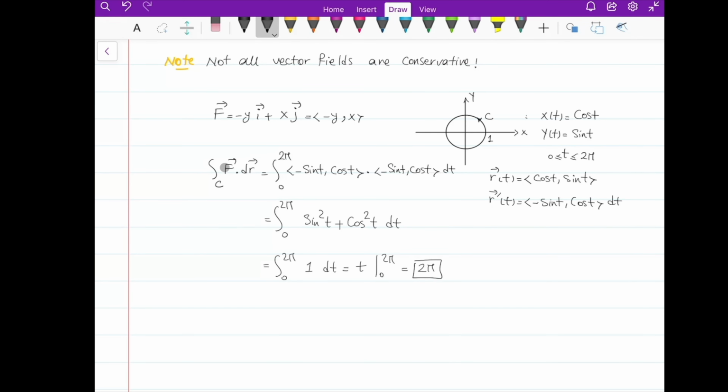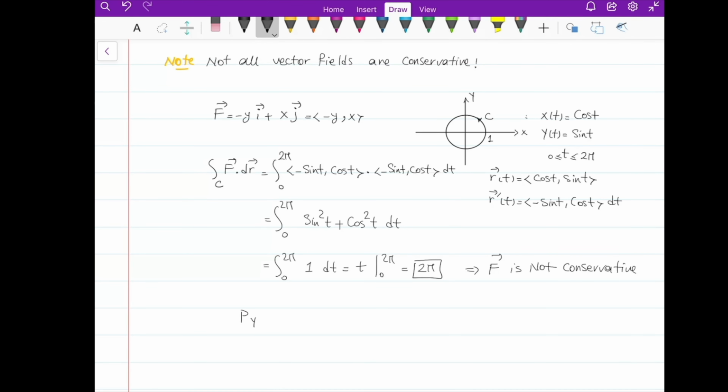If this vector field were conservative, then the integral of that over a closed curve C should be 0, but it is not 0. That's why F is not conservative. By the criteria that we just discussed, let's check.